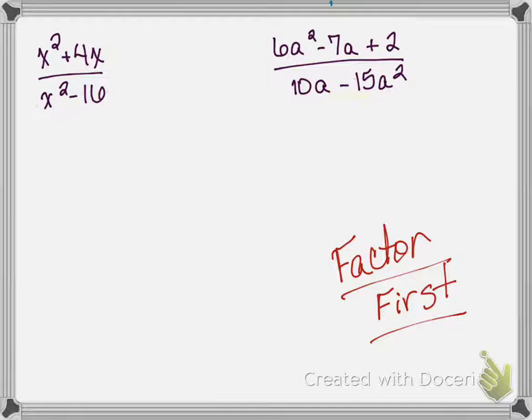X squared plus 4x over x squared minus 16. What's my GCF for x squared plus 4x? What comes out of both of those? Good. Okay. Now, x squared minus 16 is special. Okay? How does x squared minus 16 factor? Excellent. X plus 4, x minus 4.